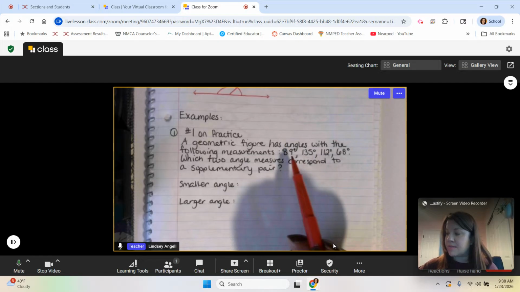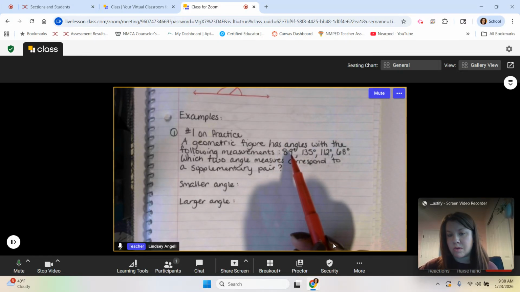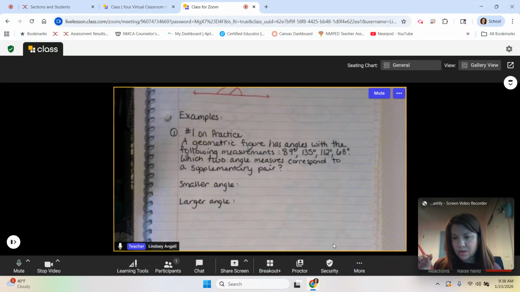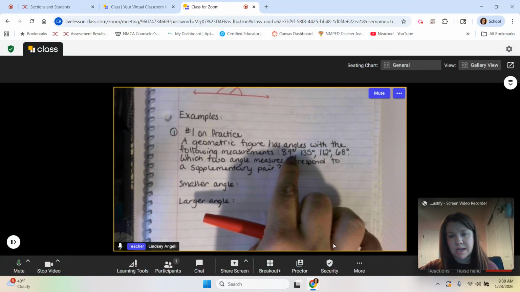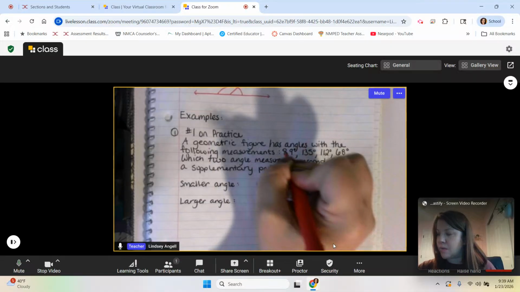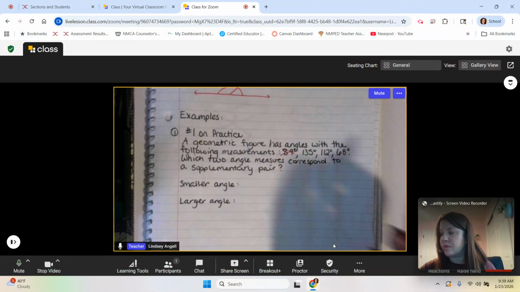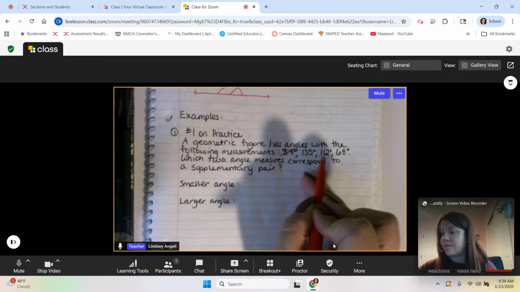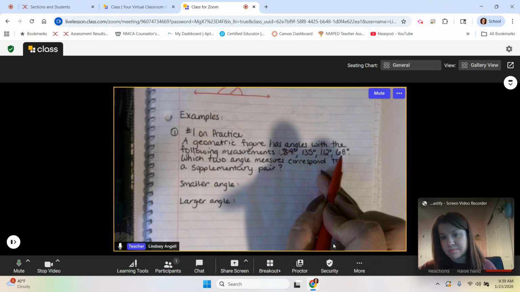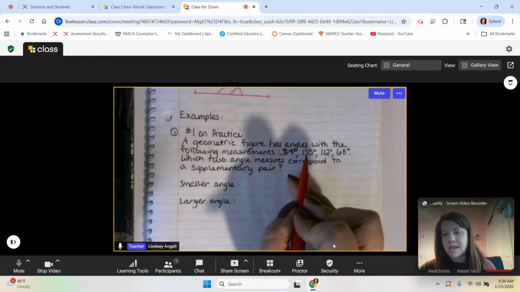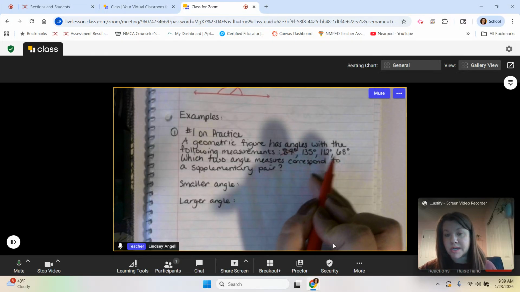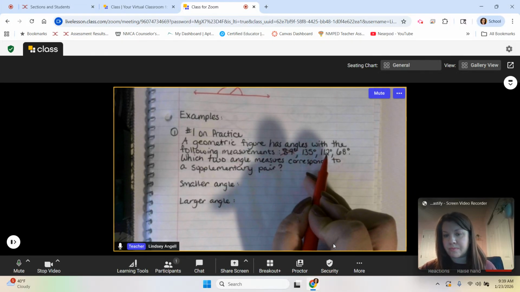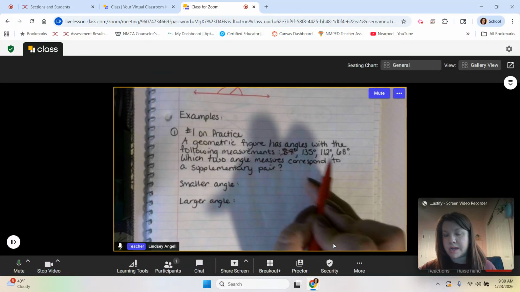The other thing to think about is that in order for this to equal 180, the other number would have to end in a 1 in order to match up with that 9, and none of these end in a 1, so we can cross that one out. 135 maybe could partner with 68, but if we add those together, even just 130 plus 60 gives us 190, so that's too high. And these are obviously going to be even higher together.